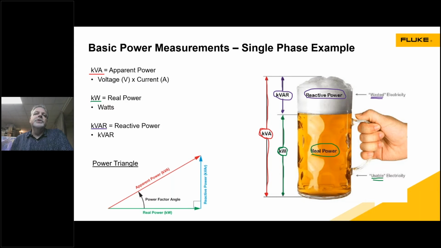And what they're really doing is charging you for your inefficiency to pull power down that system, and they are required to deliver you voltage and current, so they need the system capacity. So they're trying to penalize you and recover their costs of the reactive power that is being wasted. Okay.